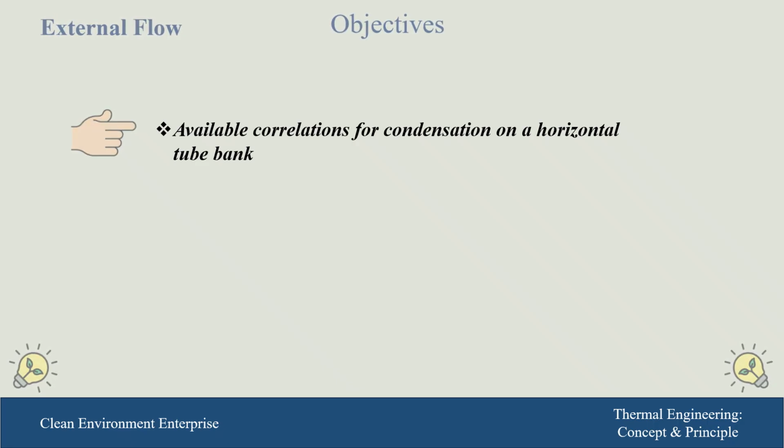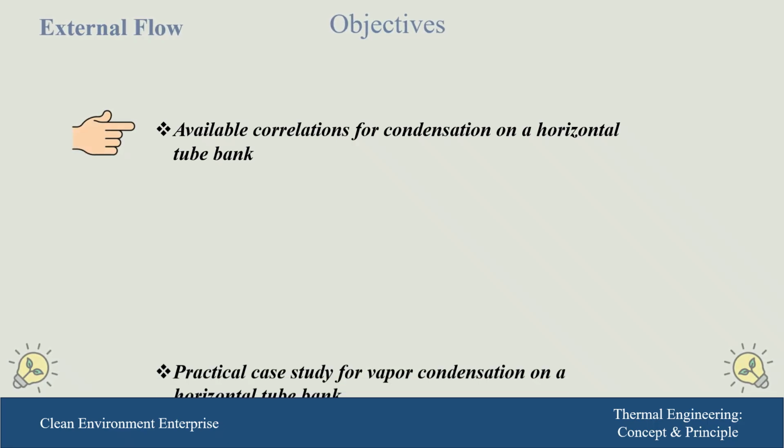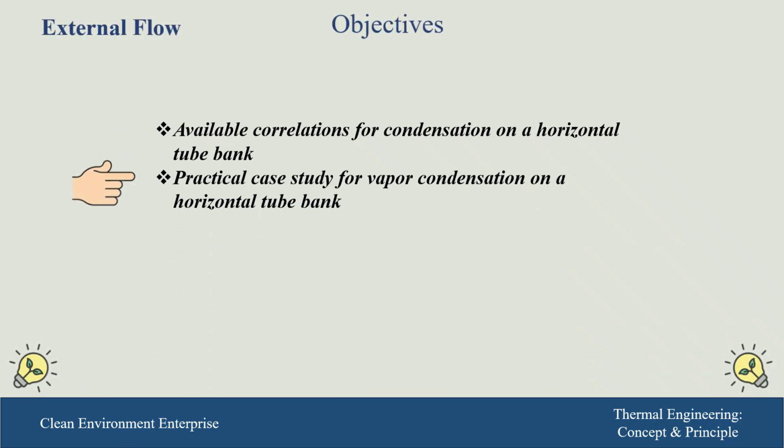Some of them will be mentioned here in this video, and then we will take a practical case study for condensation of vapor on horizontal tube bank by using some of the mentioned correlations. And finally, we will arrive to the closure of the content of the present video.